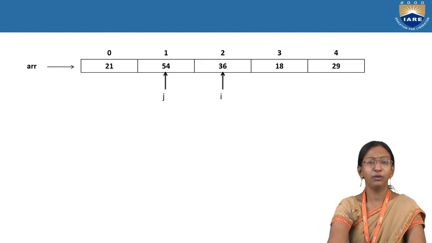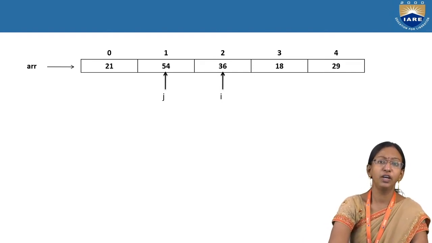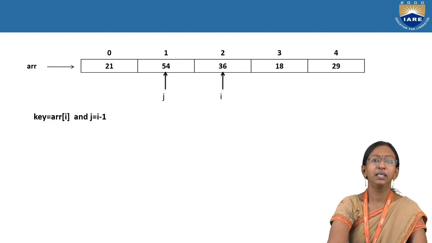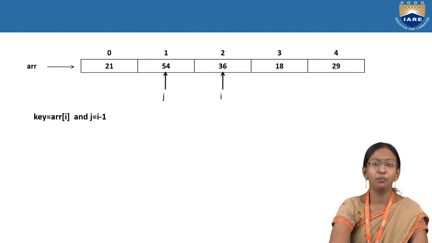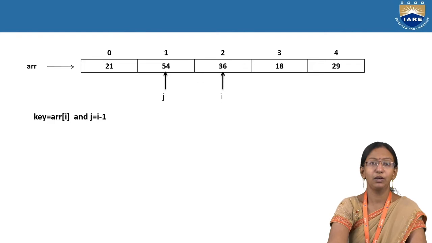As i is incremented, the process of initialization starts again, where j holds a value 1 less than i and key will be the value pointed to by i. Here i is pointing to 36, so the key value is 36. Again the while loop starts.